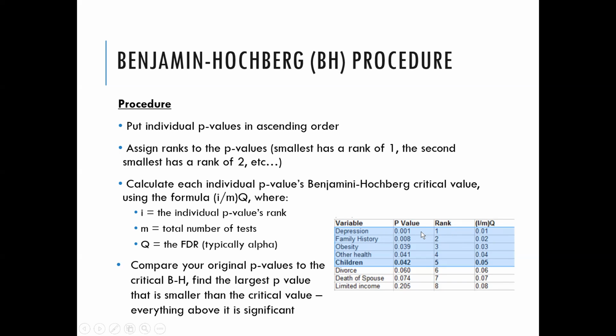And so then we would compare the p-value to the critical value for each p-value. And then once we reach this point where this is the last p-value that's smaller than the critical Benjamini-Hochberg value, that's where we would stop. And so all of these would be considered significant, and then everything below it would be considered non-significant.